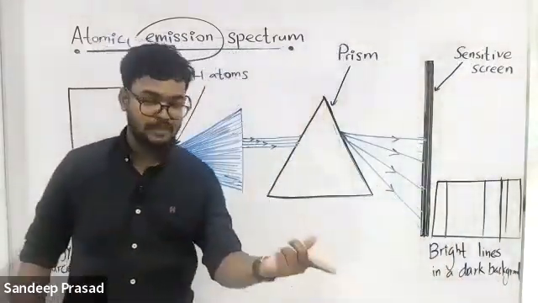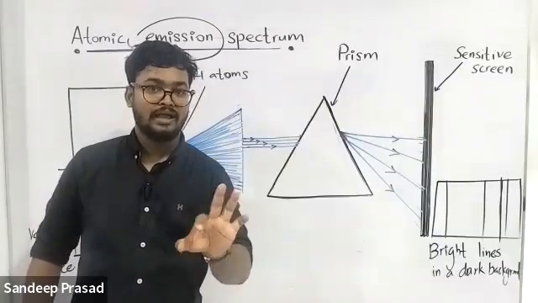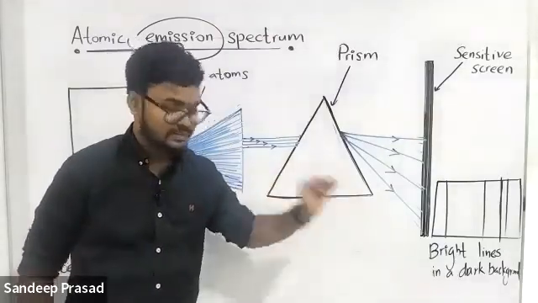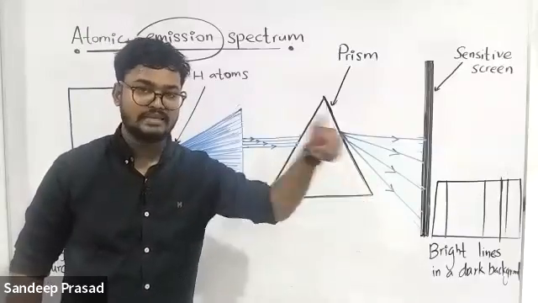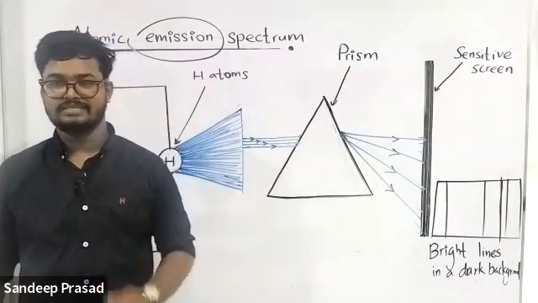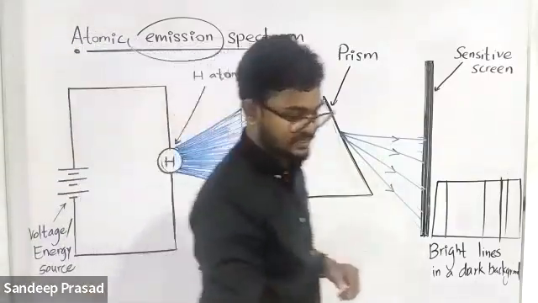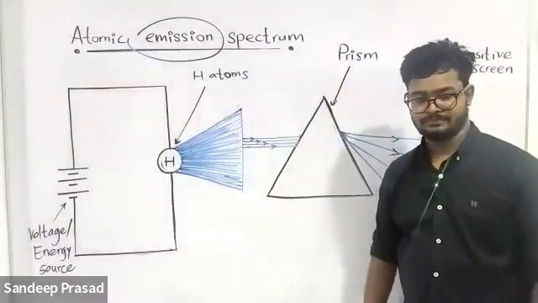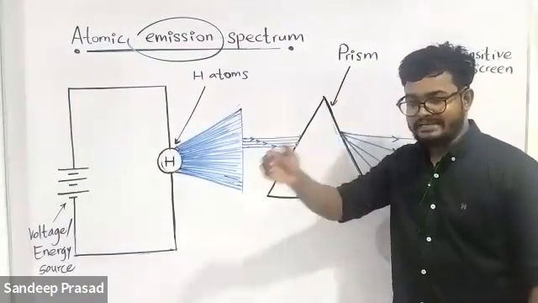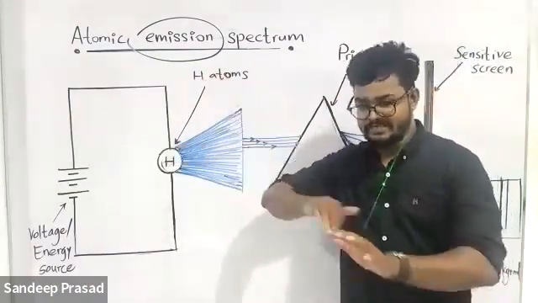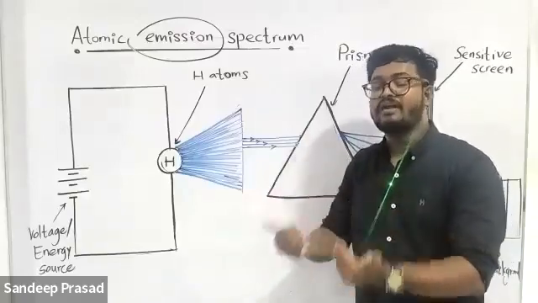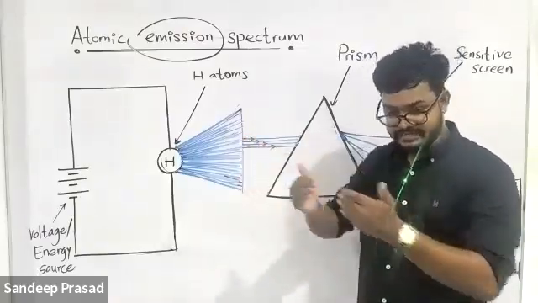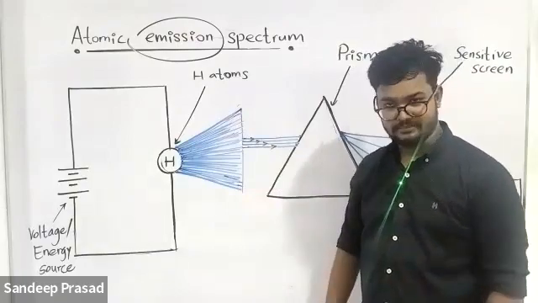In the absorption spectrum, you saw dark lines in a bright background. Here we have bright lines in a dark background. What is the reason? Here we are analyzing the emission spectrum. We let the hydrogen atoms absorb energy, and then we wait until the energy is released from those hydrogen atoms.